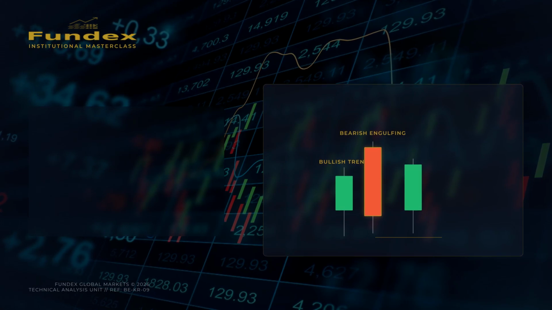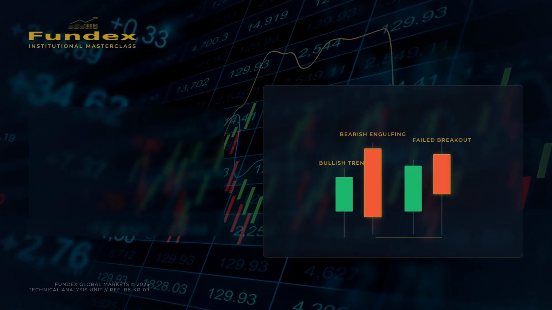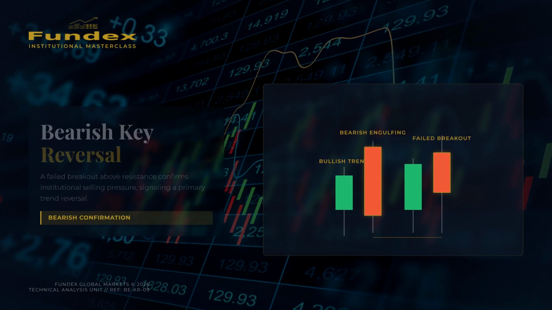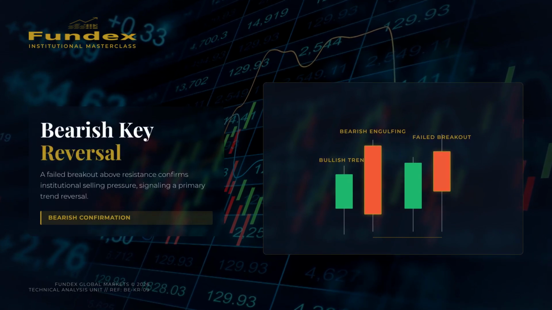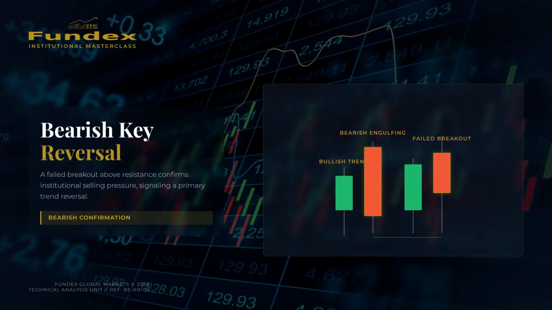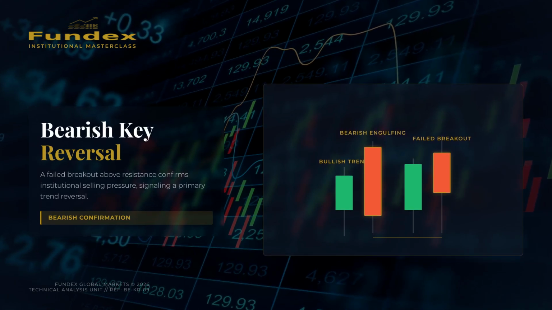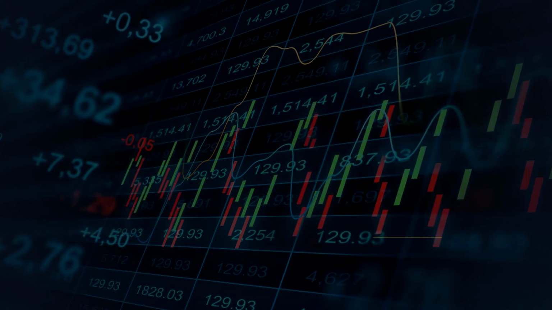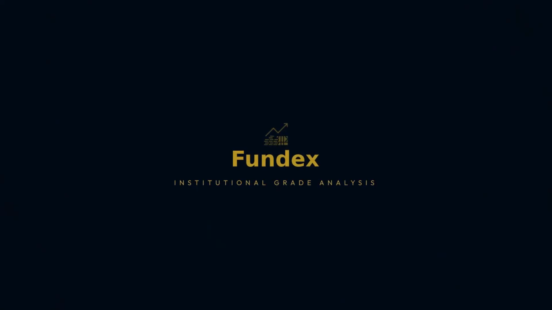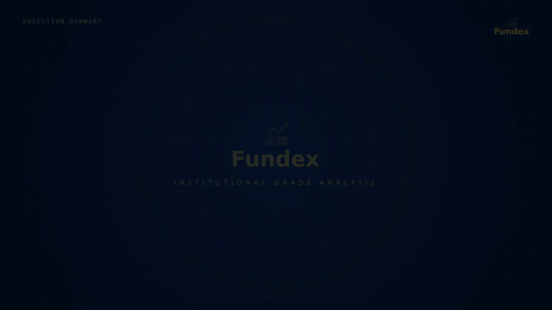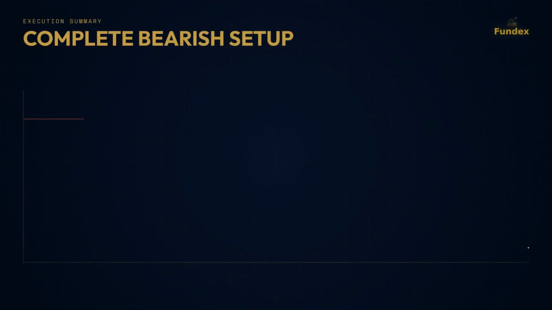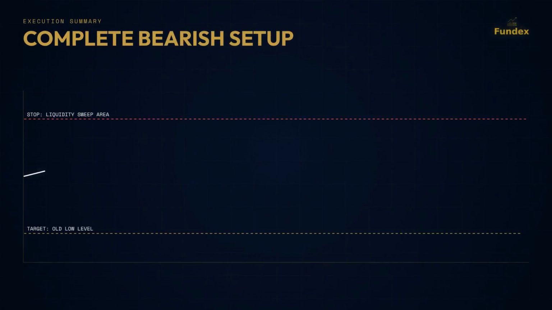A bearish engulfing bar may form, showing that sellers have overtaken the previous bullish candle. Alternatively, a bearish key reversal candle may trade above the previous high, reject that movement, and close strongly lower. This gives us evidence that the move above the highs may have been a liquidity event rather than genuine bullish continuation.